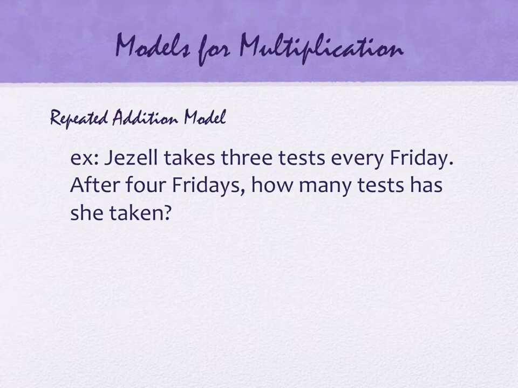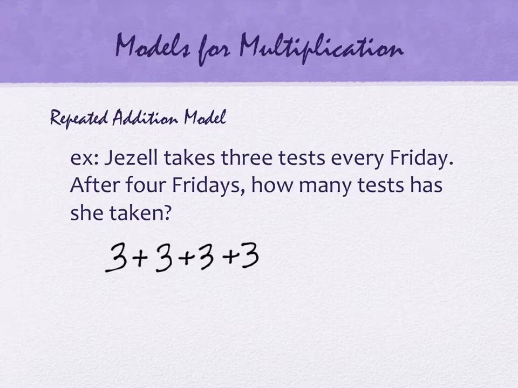If we take 3 tests this Friday and 3 tests next Friday and 3 tests the next Friday, we're repeatedly adding the number 3 together, in this case 4 times. And we would end up with 12 tests. It feels like we are repeatedly adding, right? 3 tests this week, 3 tests next week, 3 tests the next week.